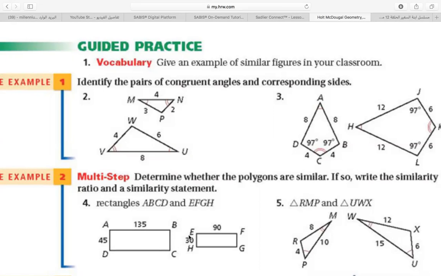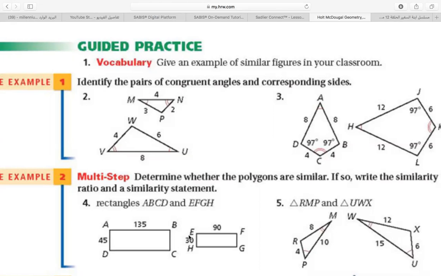If I choose AB, which letters from the other rectangle? EF. Excellent. Then if I choose BC, which letters? FG. Yes, FG. So AB over EF will be 135 over 90.